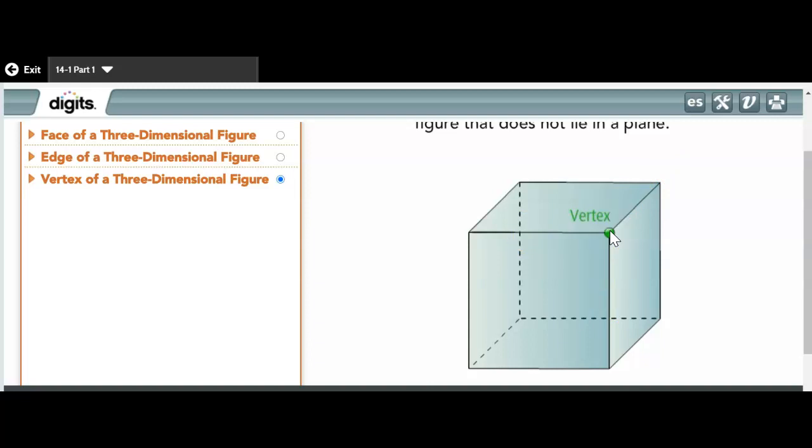Vertex is a singular word. That's some language arts information for you. The plural for multiple vertexes would be vertices. So if you see vertices, that would be a vertex in plural form.